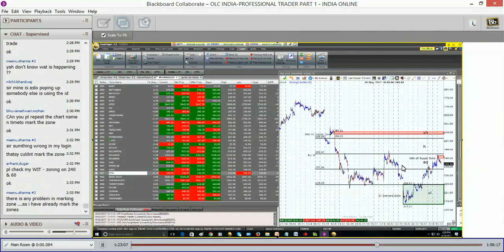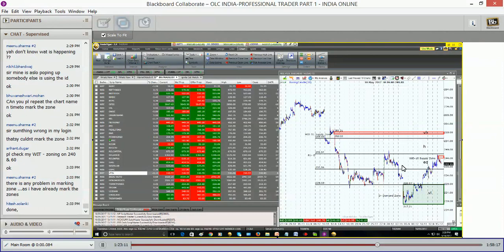Is there any problem marking zones? I'm not able to see your zones, Meenu. I'm in your lab only. Your lab is what is on the screen.